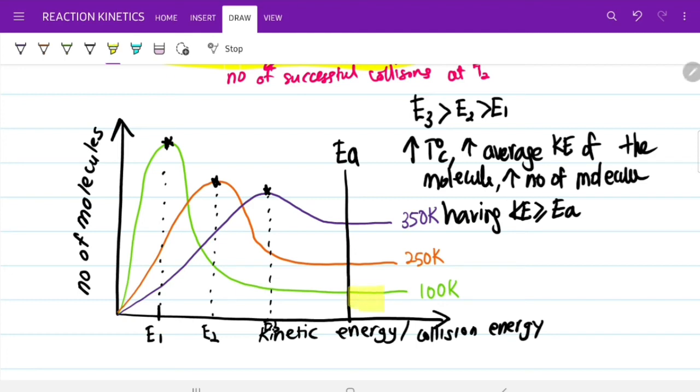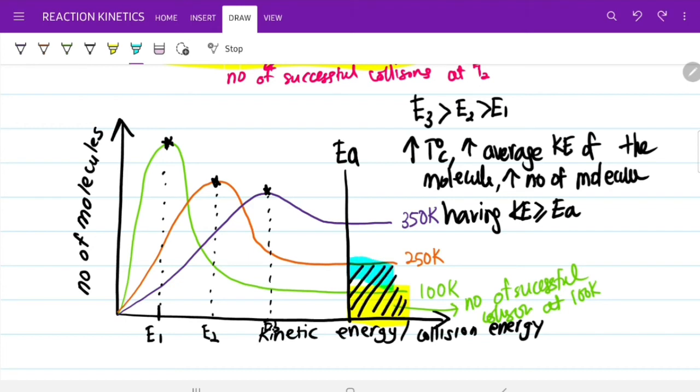This yellow shaded area refers to the number of successful collisions at 100 K. When it is at 250 K, it will cover this larger area.